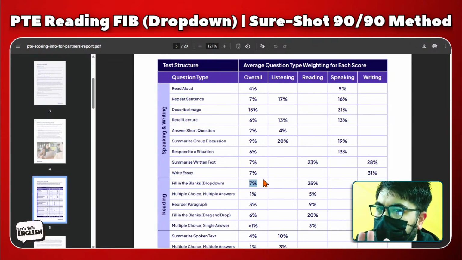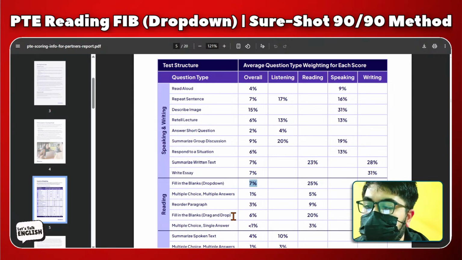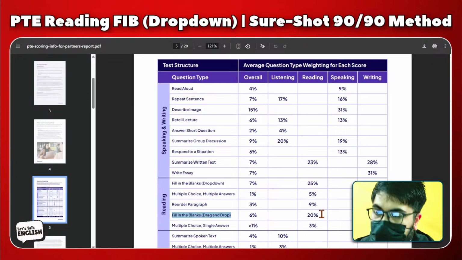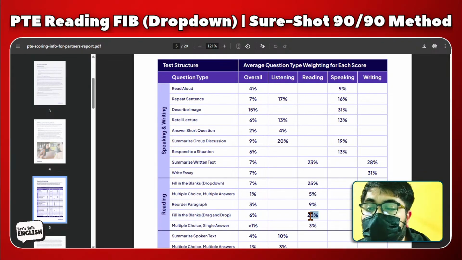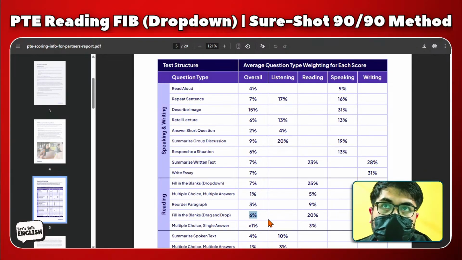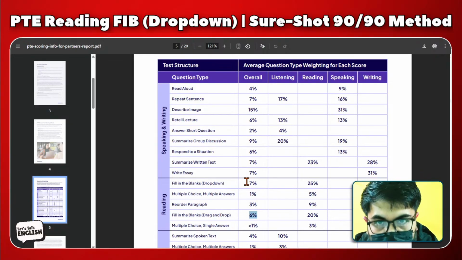Additionally, I don't feel it stops here. Why? Because if you look at the question fill in the blanks, drag and drop, this alone holds 20% of the reading module and 6% of your overall PTE test. So the total contribution here becomes 15%, right?